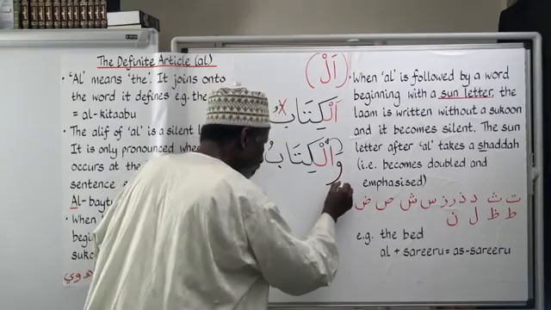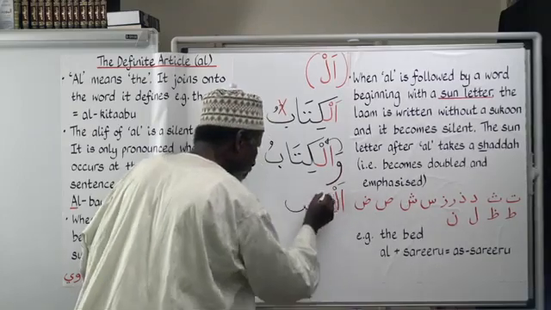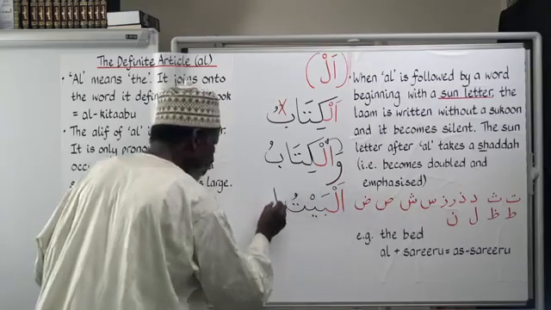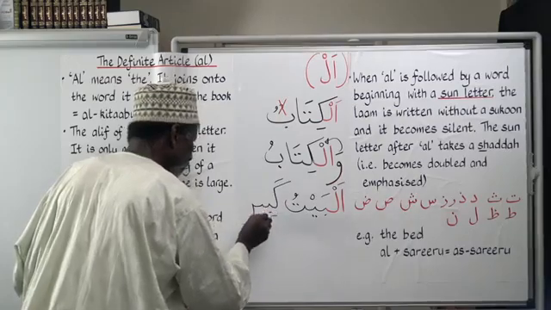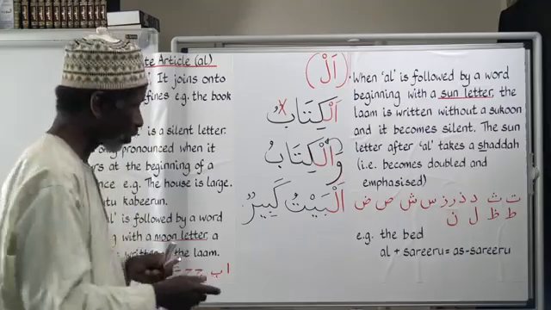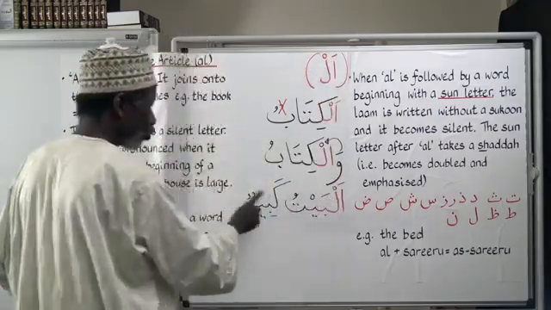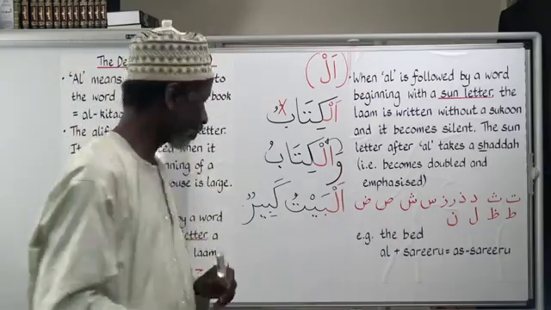Al-baytu kabirun. The house is large. So you can clearly hear al-baytu kabirun, because there's nothing before that alif.